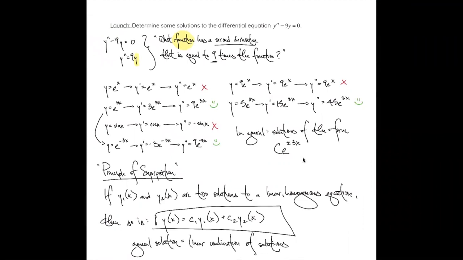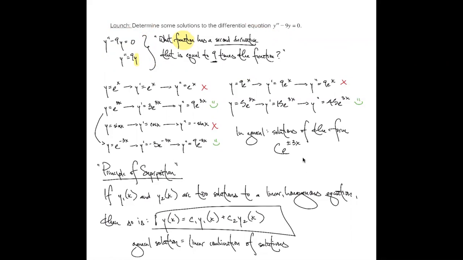It was an interesting exercise because it asked us to think about what a second derivative equals something is asking for. We interpreted this as: what function has a second derivative equal to 9 times the function? And we started to come up with a list.